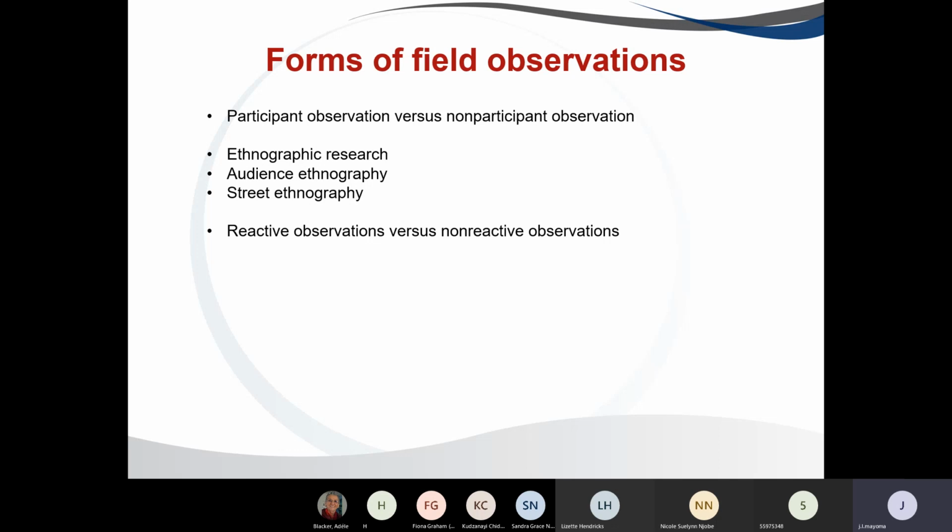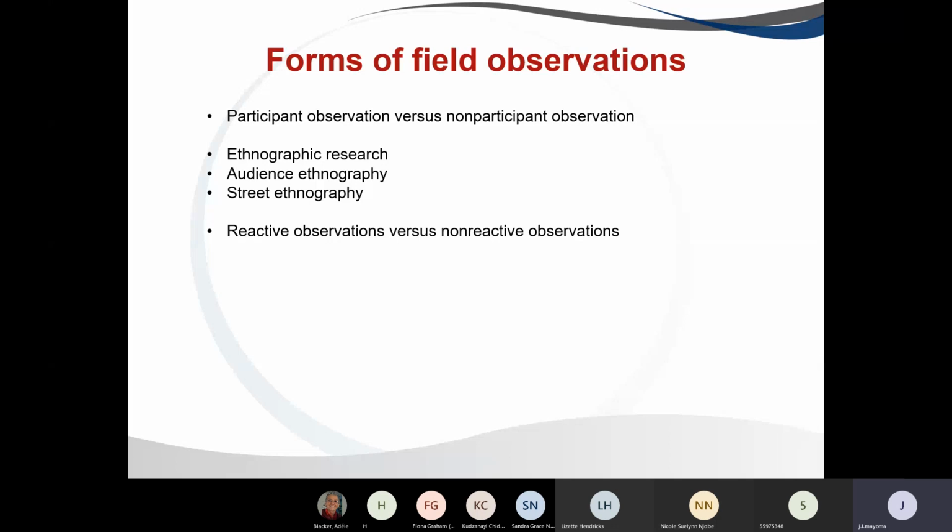So reactive observation is when you as a researcher come in and your style leads to people changing their behavior. Those people are not going to be comfortable for the whole month that you're there. They're going to be talking in a certain way, dressing in a particular way, because your presence is causing this reactive effect.